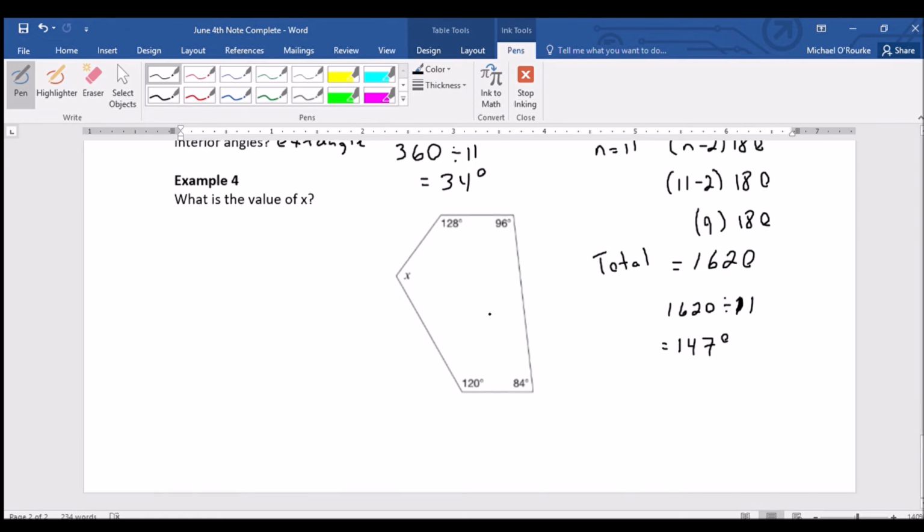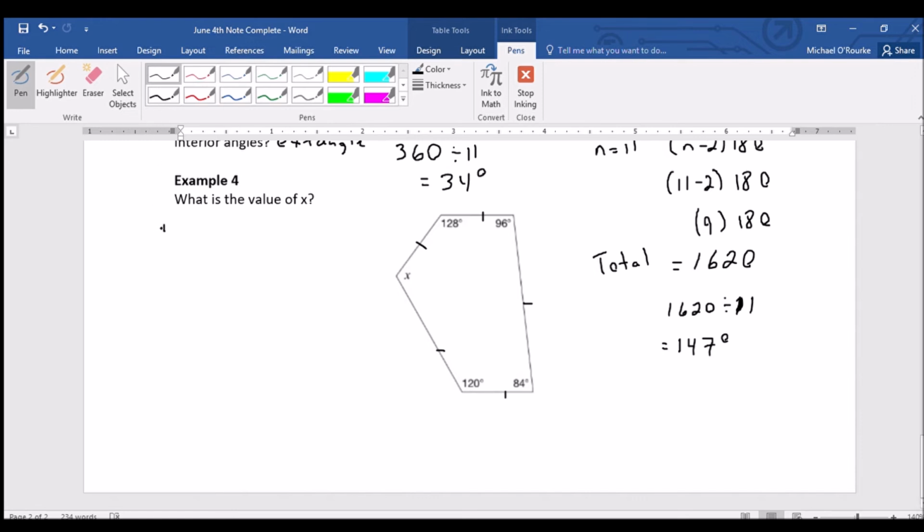Now last example here. What's the value of x? Well, is this a regular polygon? No. All different sides. So we can't do what we did before. First we have to figure out how many degrees are inside this polygon. I usually count them up, marking where I start. So 1, 2, 3, 4, 5.